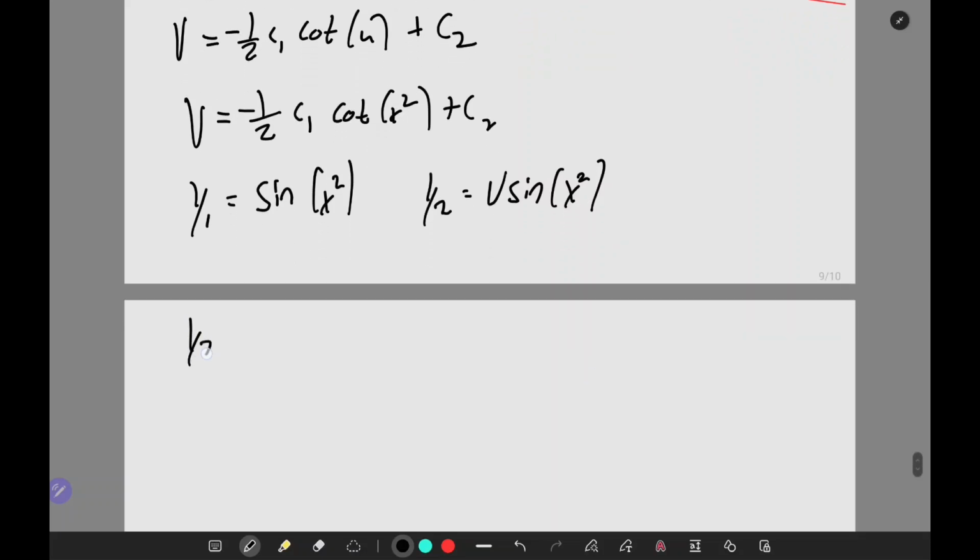So then y2 would be negative 1/2 c1 cotangent of x squared plus c2, times sine of x squared. Wait, I forgot the whole rest of v.